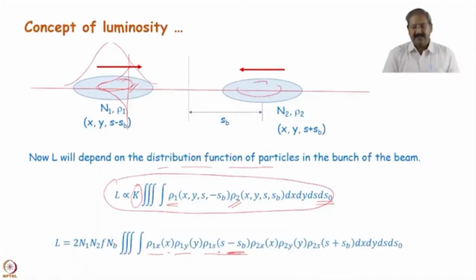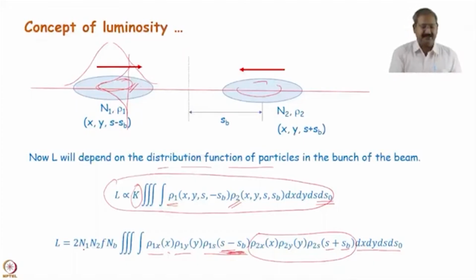Similarly for the second bunch, there will be s plus sv because it is moving in the opposite direction to the first bunch, and again we integrate. So this will give you the total overlap of densities, the distribution function. And if we multiply by the number of particles in the bunches, we get the total events.